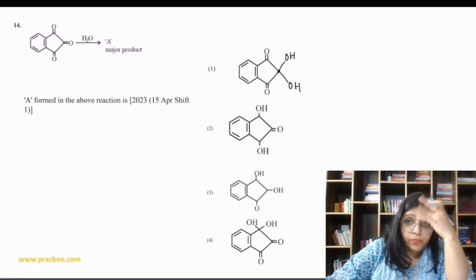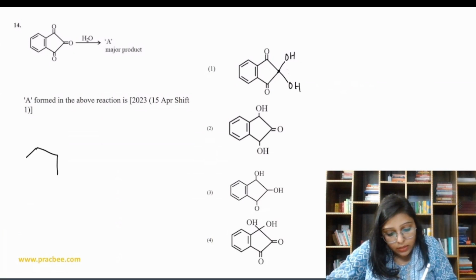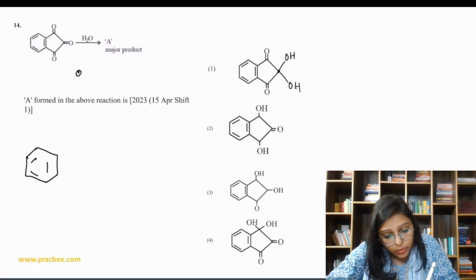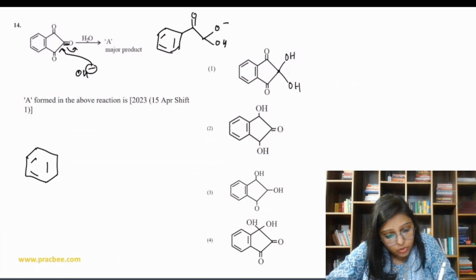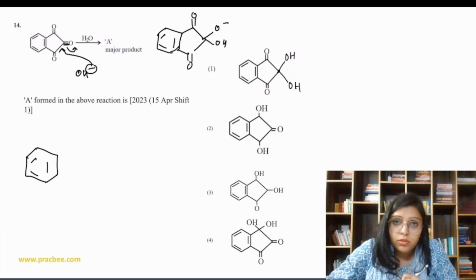We have H2O. So what happens? If we have H2O, we have double bond O, no? So OH minus can attack over here and the electrons of this bond shift over here. By doing so, we can write double bond O, and here we write O minus, OH, double bond O, this.